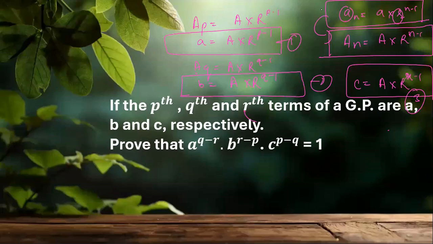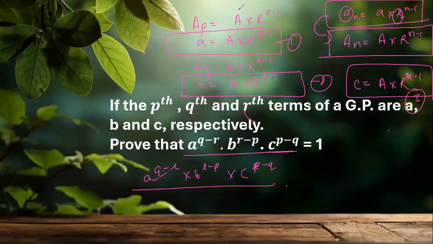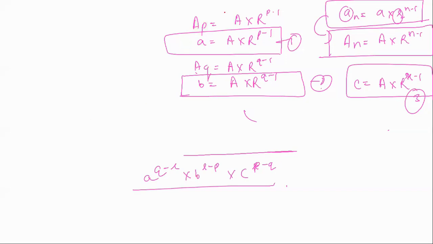Now what we have to prove is that this whole part is equal to 1. So basically a raised to the power q minus r multiplied by b raised to the power r minus p multiplied by c raised to the power p minus q. We have to prove that this whole part is equal to 1. Now we have the values of a, b, and c, so let's put them in.